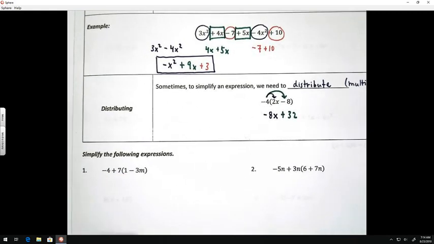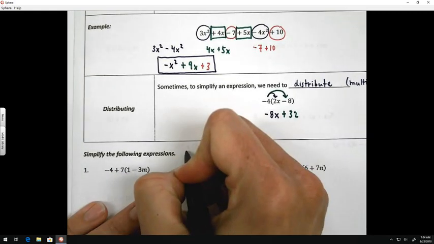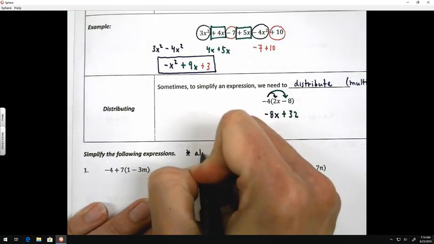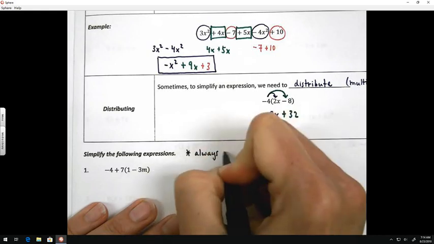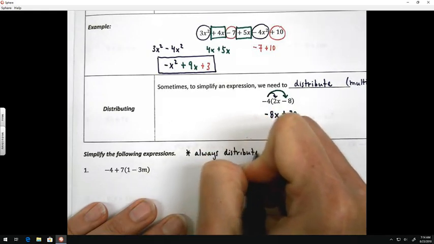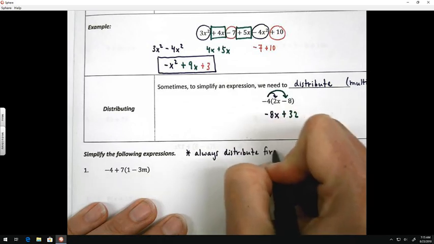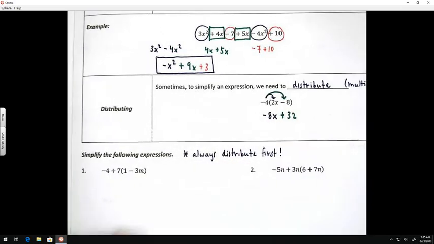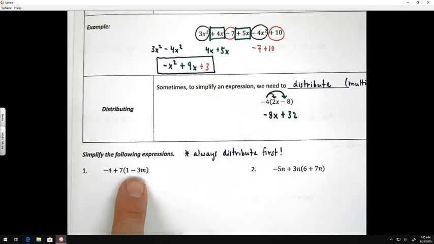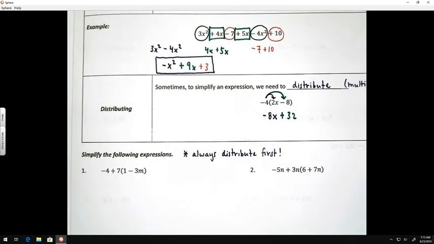So I want to make a note here that when we have to distribute and combine, we're always going to distribute first. So whenever I see these parentheses, I've got some terms out here and I've got these parentheses, I'm always going to distribute first to get rid of those parentheses, and then I can combine my like terms.